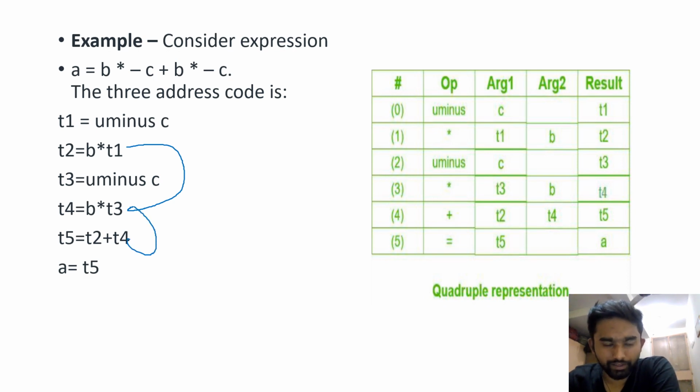Now we will put whatever result we get in t5 in variable a. So in this way we have generated the three address code for the above expression.